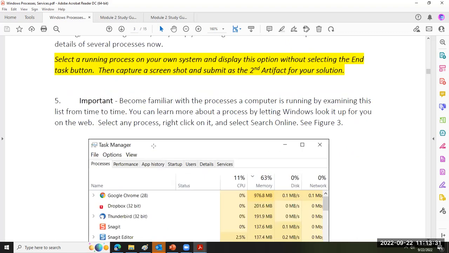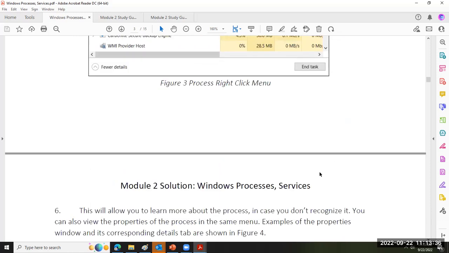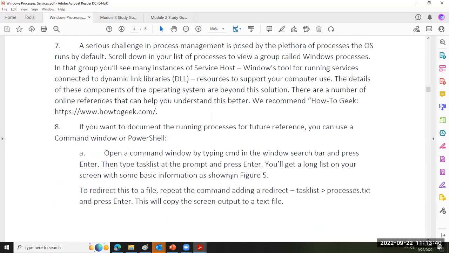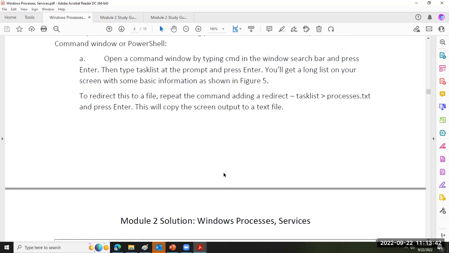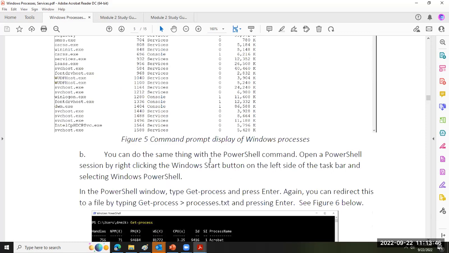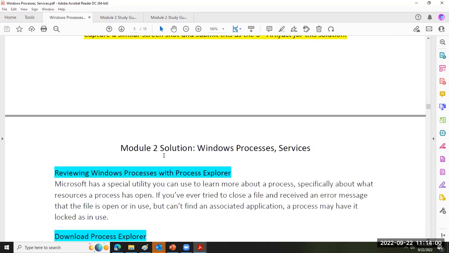So what we want you to do is to explore native resources and the things that don't require any special tools, right? And then we want to pick up some lesser known PowerShell and command prompt resources to examine services and running processes.